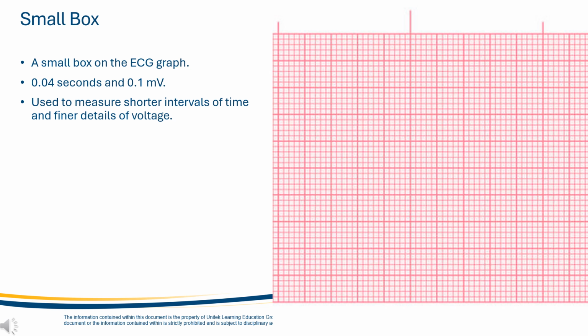So accurate measurement of these deviations, which are often less than 1 millivolt, is critical for timely diagnosis and intervention. And variations in T-wave amplitude and morphology can indicate electrolyte imbalances, ischemia, or other cardiac conditions. So it's very important to understand how to measure both time and voltage using the small boxes.